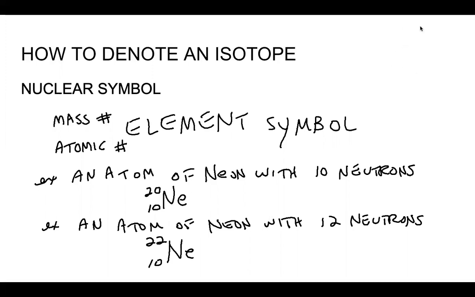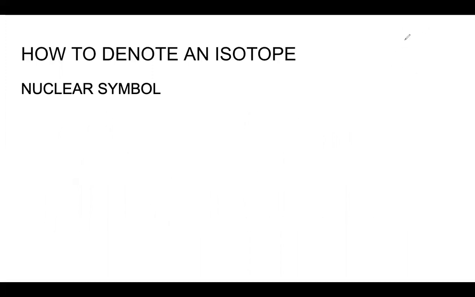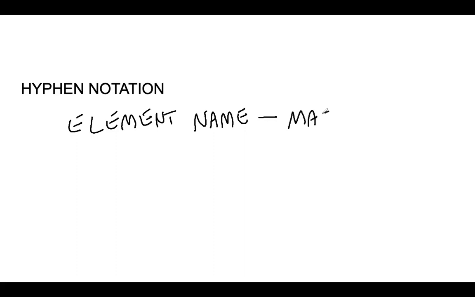Okay, now let's look at another way to denote our isotopes. Write the element name, hyphen, hence the name hyphen notation, and the mass number. So we don't write the atomic number in this one.